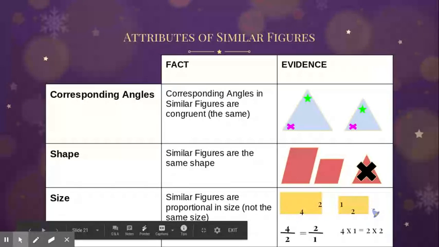And then if I set up this proportion, the bottom here is 4, the bottom here is 2. And then the side here is 2, and the side here is 1, okay? That means 4 over 2. So if I cross multiply, 4 times 1, and 2 times 2, each side equals 4. So 4 equals 4. That means they're proportional in size, okay?